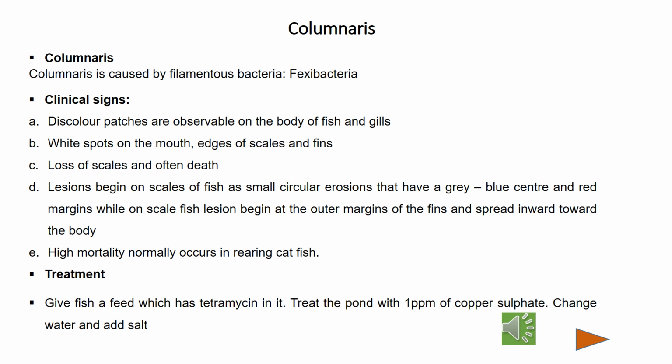Lesions begin on the scales of fish as small circular erosions that have a gray-blue center and red margin. On the fins, the lesions begin at the outer margin and spread inward toward the body. High mortality normally occurs in rearing catfish.